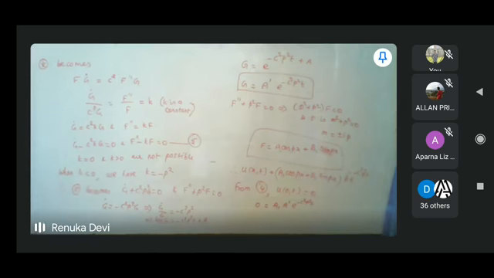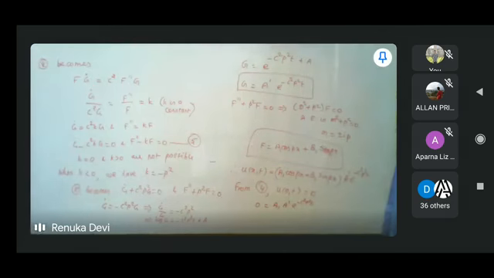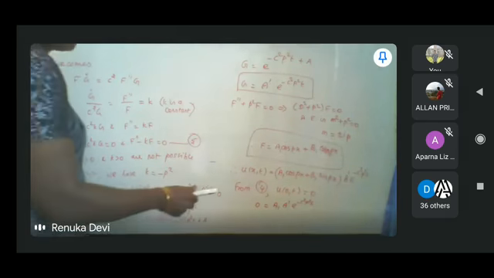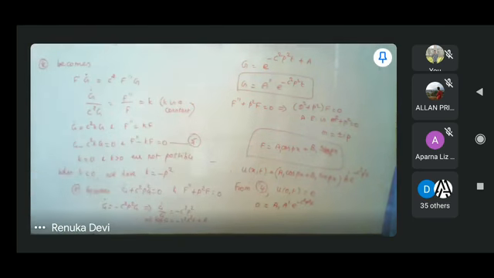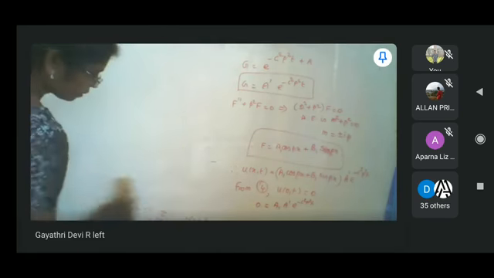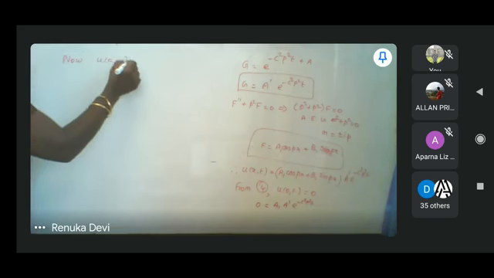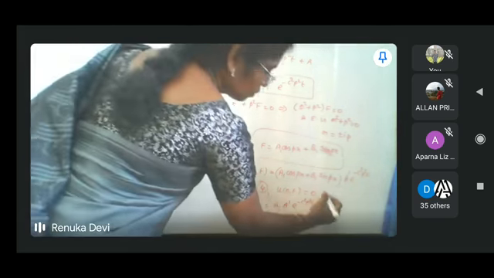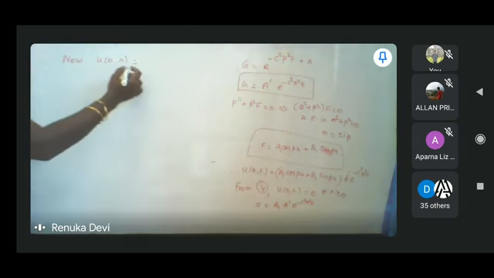Can you find what this a dash is? When t equal to 0, what is u of 0 comma 0 here? Can anybody guess? u of 0 comma t equal to 0 for all t greater than or equal to 0, isn't it? Therefore, when t equal to 0, u of 0 comma 0 equal to 0.